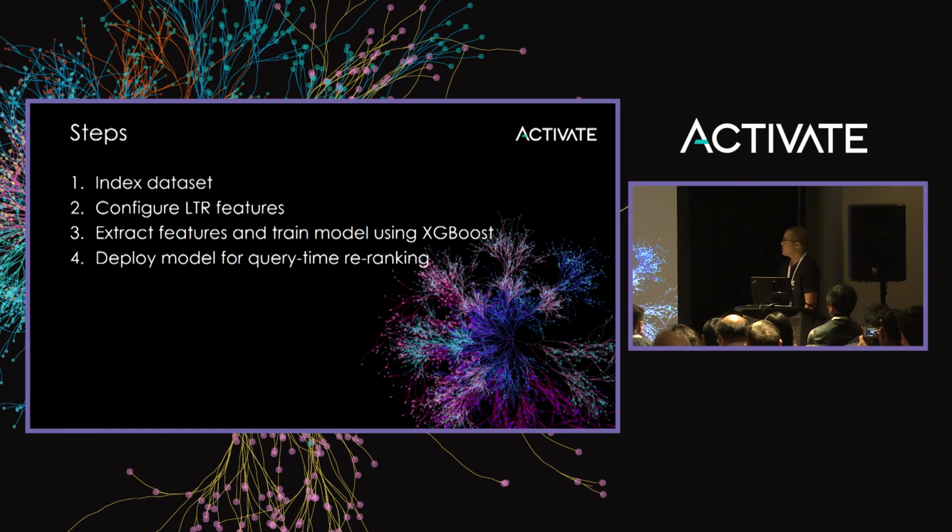Third, we're going to extract the features and train a model using XGBoost. If you're not familiar with XGBoost, it's just a library for gradient boosting. It's a certain class of machine learning models. And fourth, we're going to deploy the model for query time re-ranking in preparation for production.